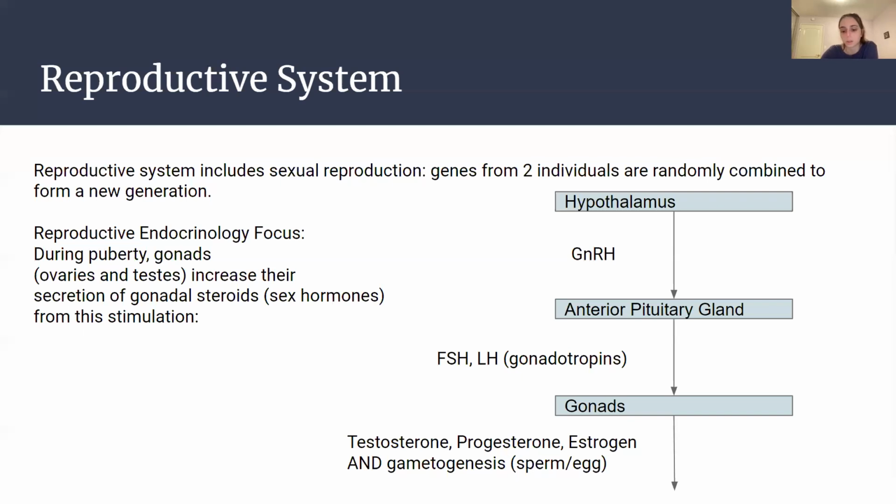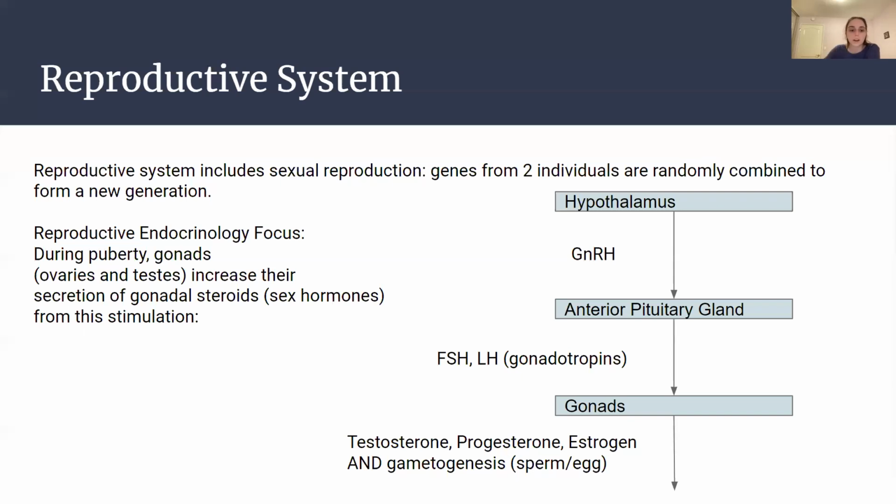Three hormone sequence. What other examples have you guys seen of this? Doesn't have to necessarily relate to the reproductive system. Yeah, thyroid hormone production. What's coming to my mind is like aldosterone, antidiuretic hormone. So you guys learned about it.